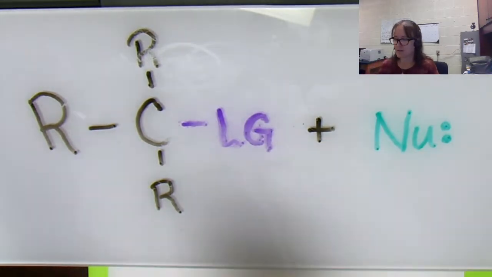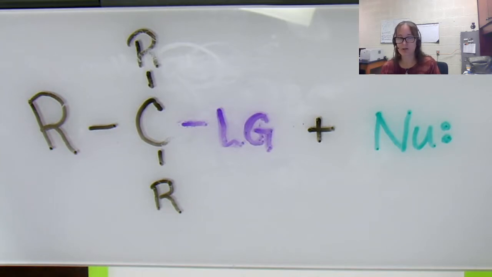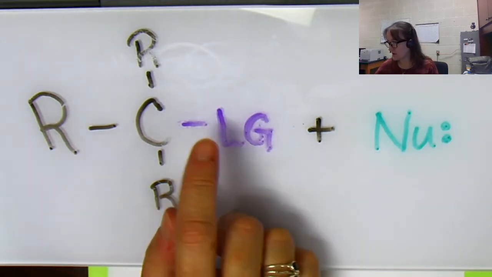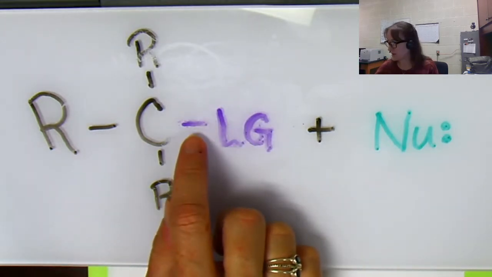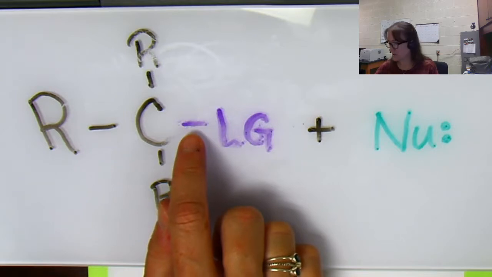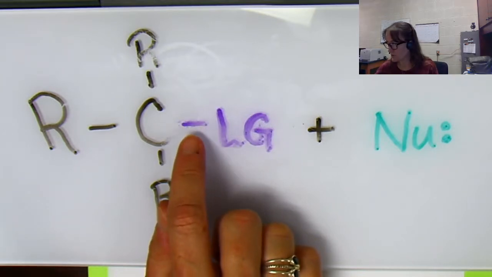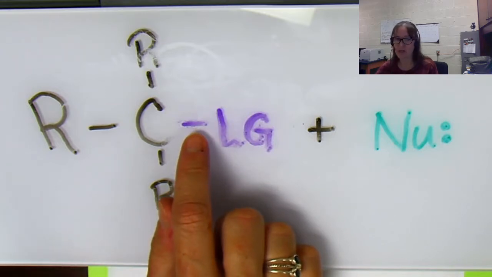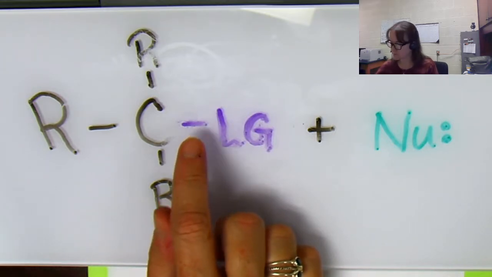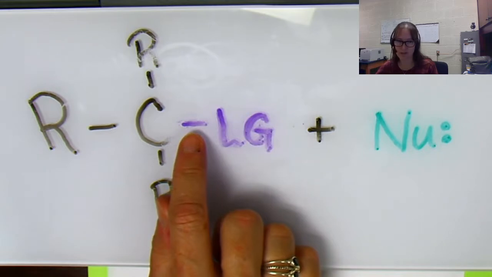Some of the requirements that help a substitution reaction occur are that the leaving group, this bond here, is able to be broken, and in order for it to be a substitution reaction, the leaving group, whether it be one atom or a group of atoms, leaves with the electrons.